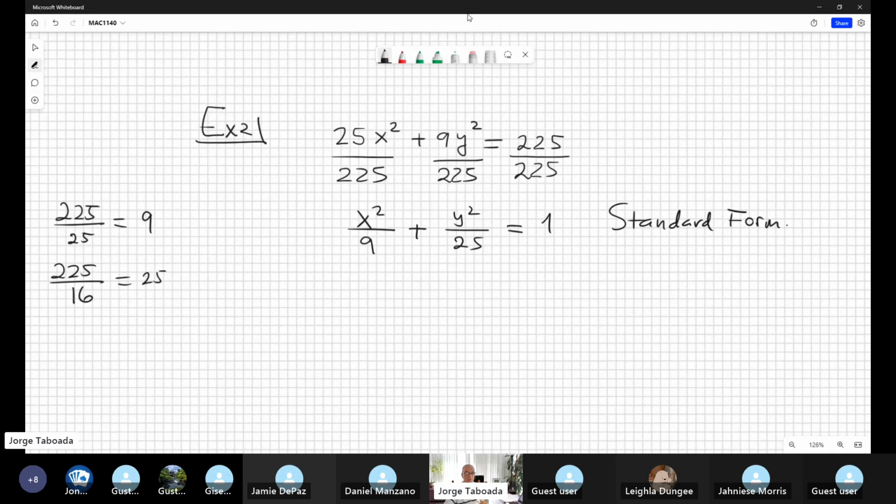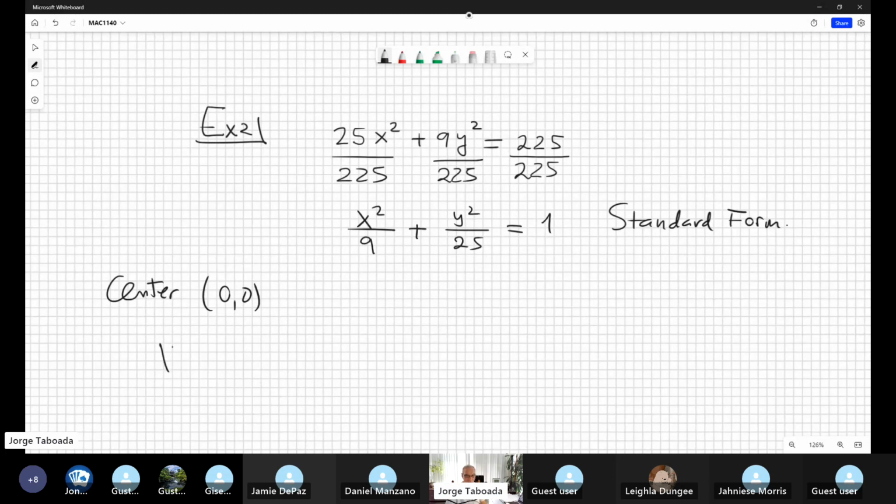Everyone follow me? Yeah, we follow. Now, one more time helping. Our center of the ellipse is located at the point 0, 0. How do you know? Because I don't see any transformation like a vertical shift or horizontal shift.